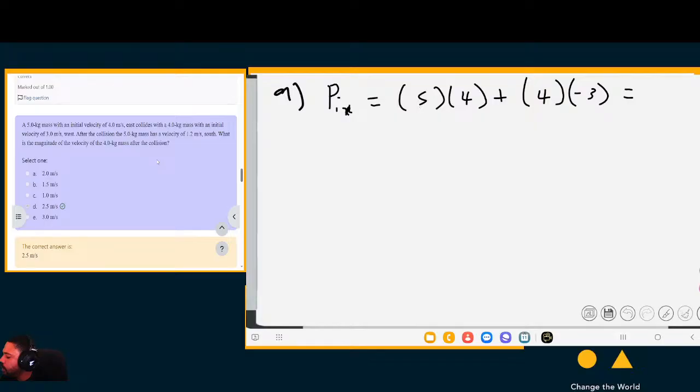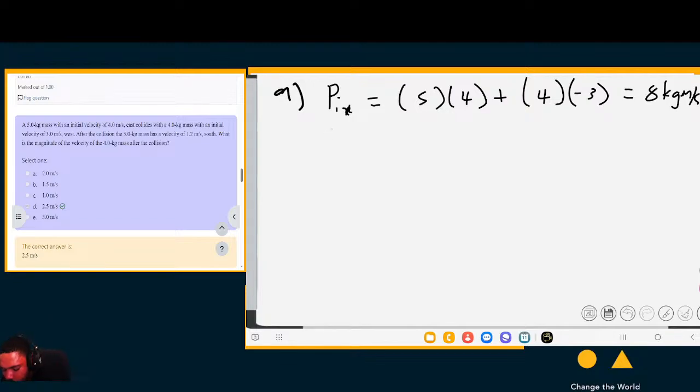That gives you 5 times 4, which is 20, minus 4 times 3, which is 12. So 8 kilogram meters per second. That is the initial momentum in the x direction.